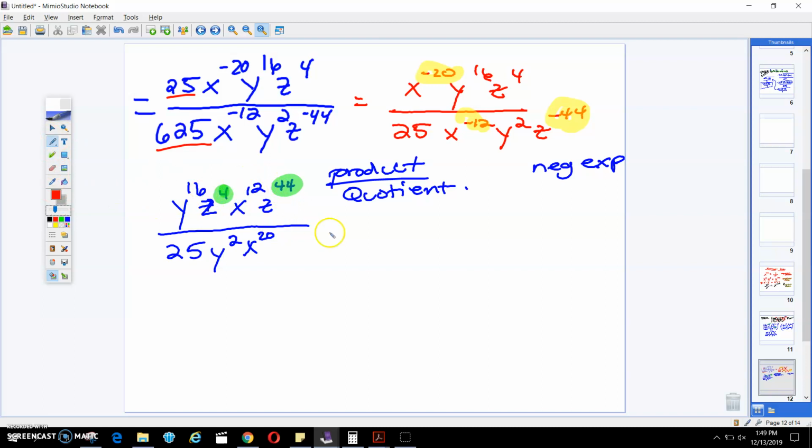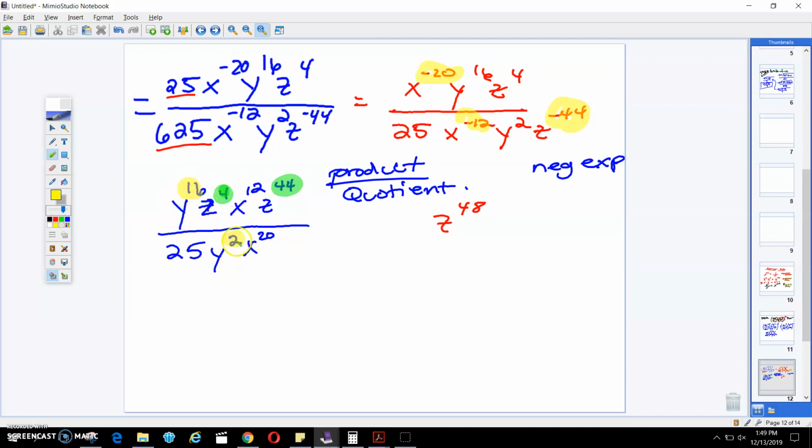So that's going to give me z to the 48th power. Okay? We're also going to look at the quotient rule. So we see that there's a 16 and a 2 down at the bottom with the base of y.